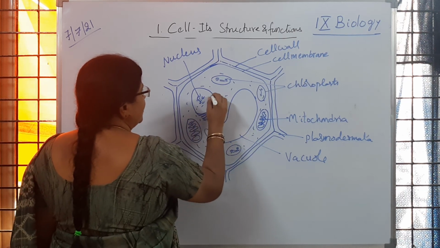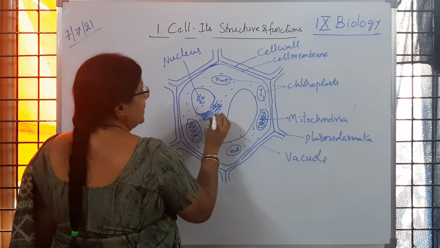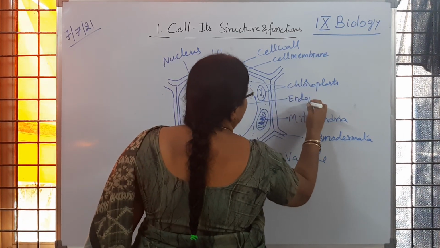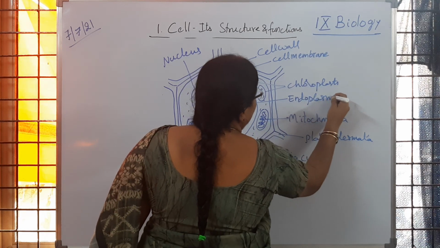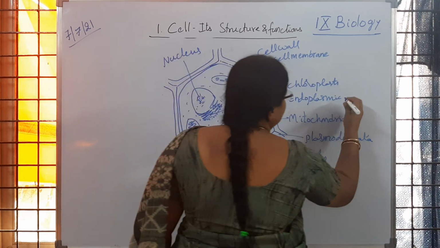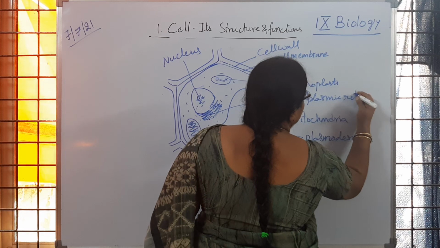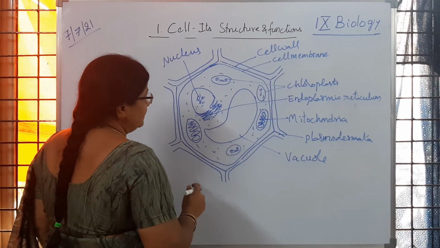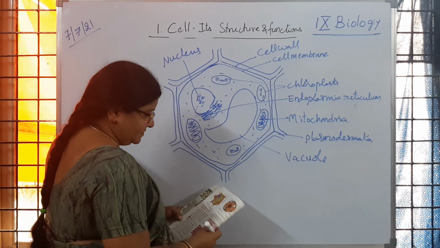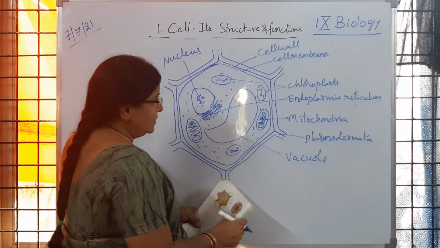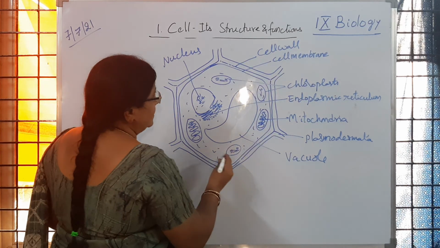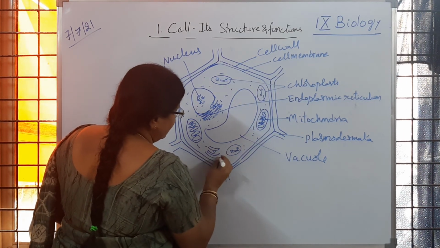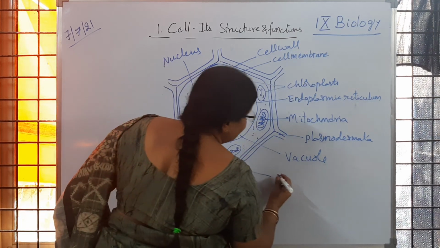This is the membrane bound nucleus, and this one is the endoplasmic reticulum, and you can observe this Golgi apparatus.